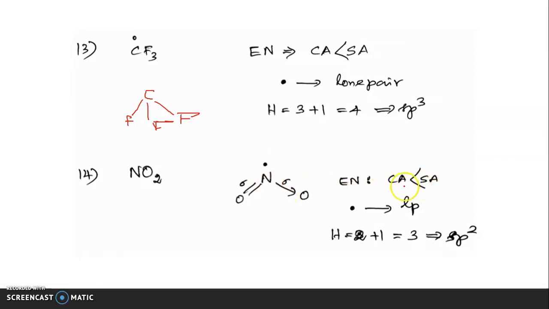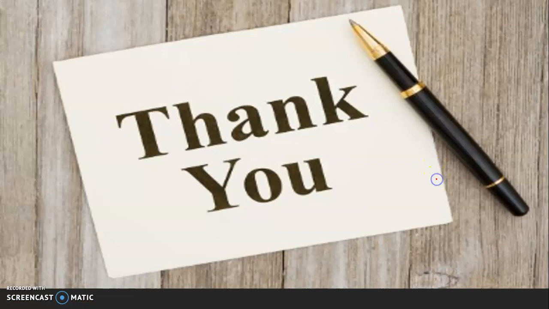Now the central atom has less electronegativity compared to the surrounding atom. Therefore the radical should be treated as a lone pair. So what is the H value? You have 2 sigma bonds, 2 plus 1 lone pair, so H is 3. Therefore the hybridization of this nitrogen is sp2. Okay, thank you.